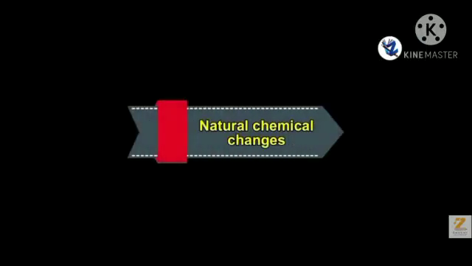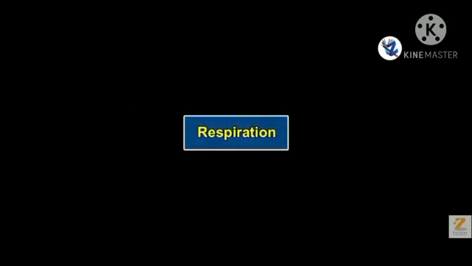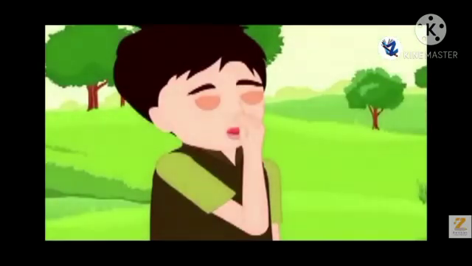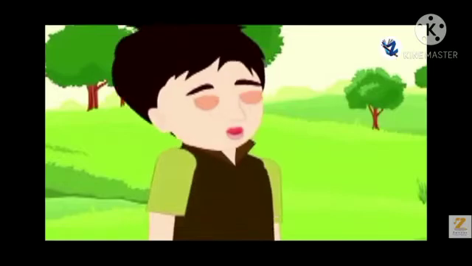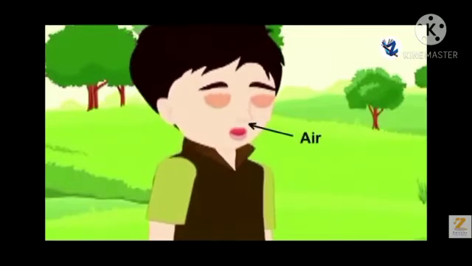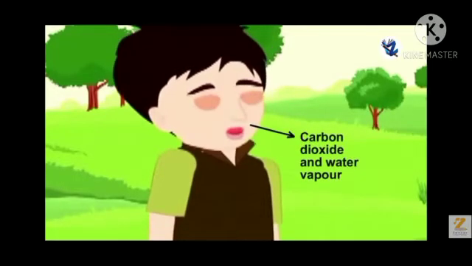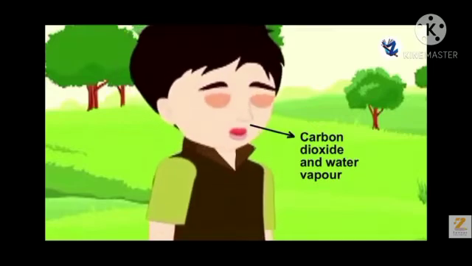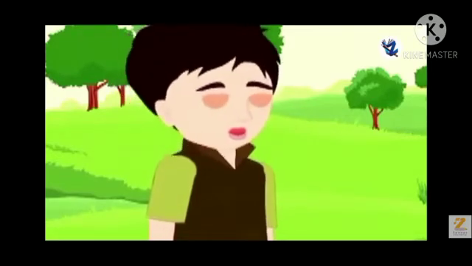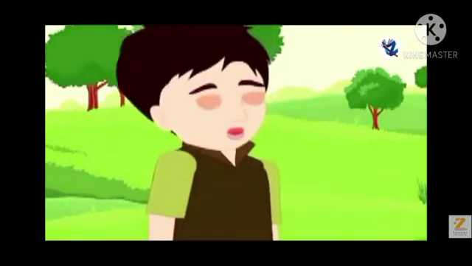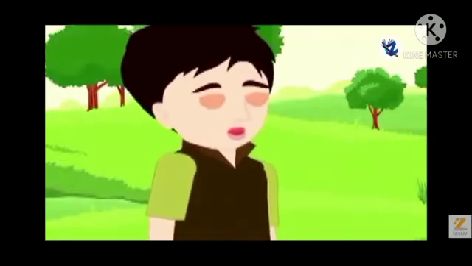Now, chemical changes in everyday life. First, natural chemical changes. Respiration. It is a continuously occurring biological process, and in this process, we inhale air and exhale carbon dioxide and water vapor. Glucose in the cells reacts with oxygen in the inhaled air to form carbon dioxide and water.